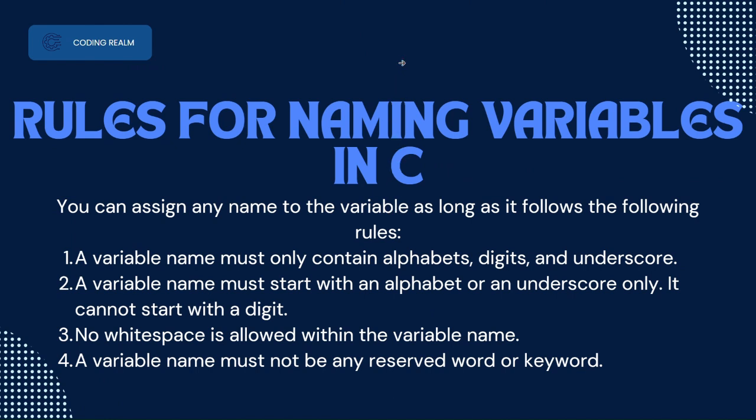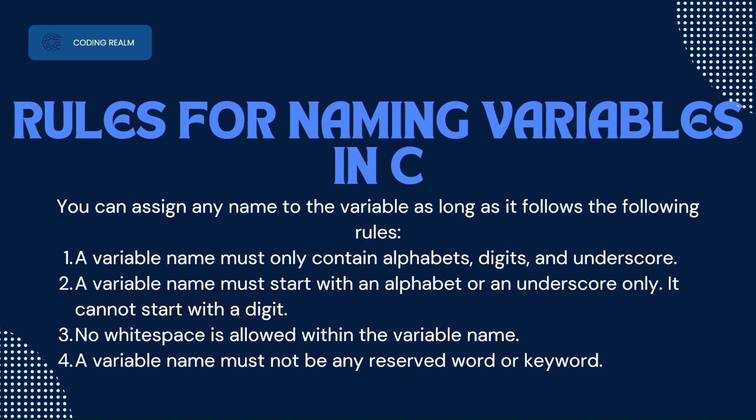Now let's see the rules for naming a variable in C language. You can assign any name to the variable as long as it follows the following rules. 1. A variable name must only contain alphabets, digits and underscore. 2. A variable name must start with an alphabet or an underscore only.